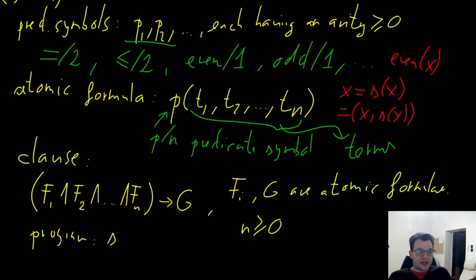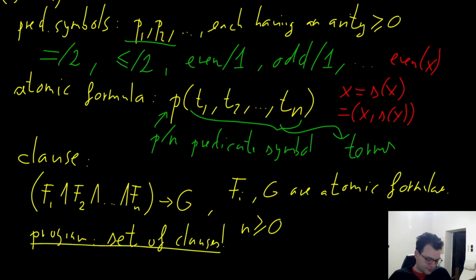So in theory, for the denotational semantics, the order of the clauses should not matter, right? That's why it's not a sequence of clauses, but just a set of clauses. Okay, so a program is a set of clauses. Good.